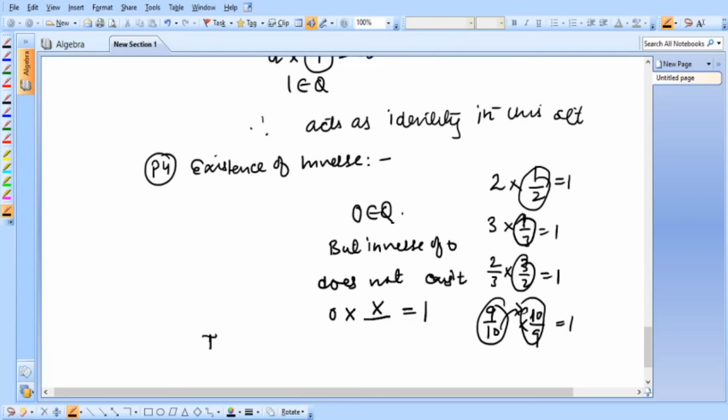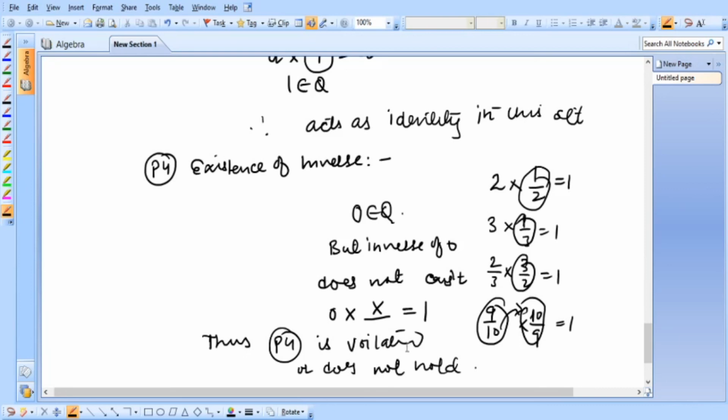Thus property 4 has been violated, or it doesn't hold, in the case of rational numbers.